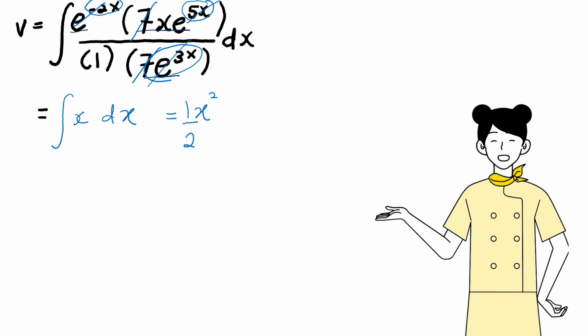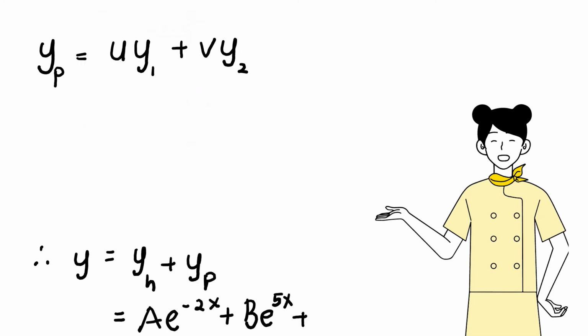Now we want to find our solution yp. I want you to substitute all the information that we have obtained previously. Write down what our u is, and then multiply with our y1. You need to plug in our y1 from just now, and then we have v.